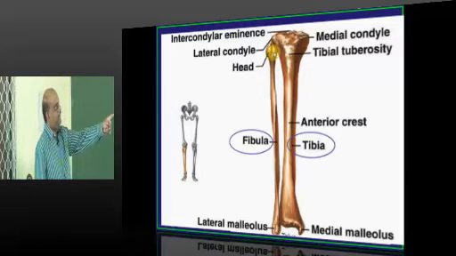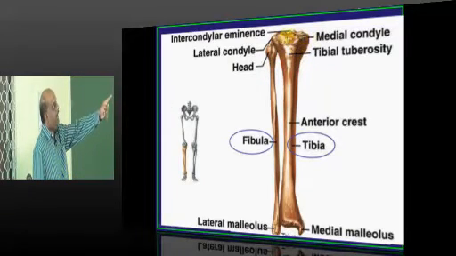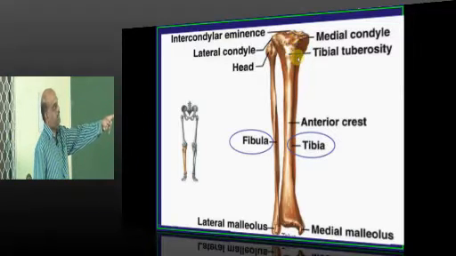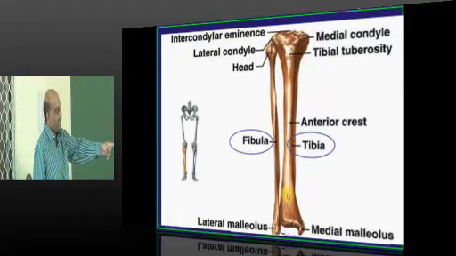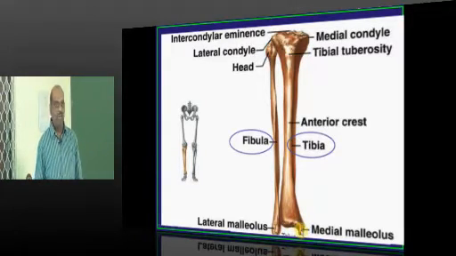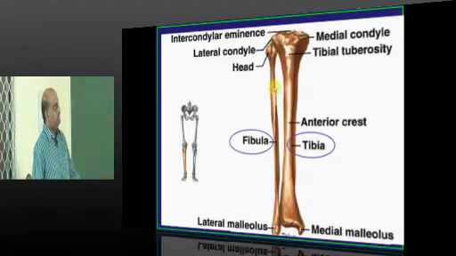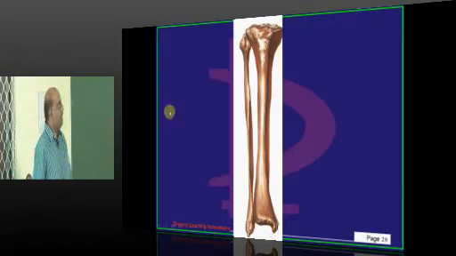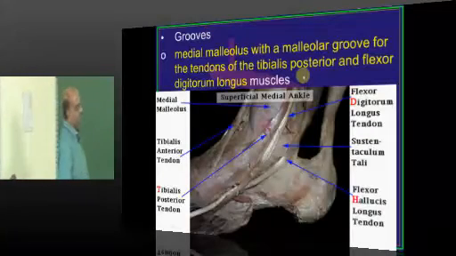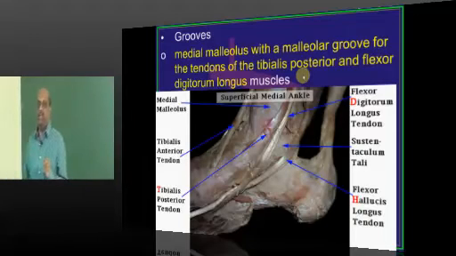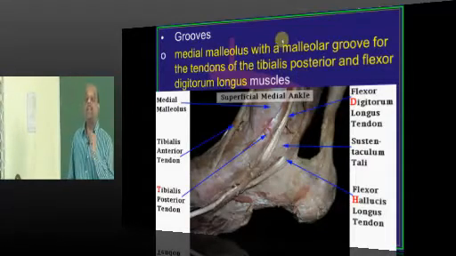So you can see there is one medial condyle, lateral condyle, intercondylar eminence, tibial tuberosity, and an anterior crest of the tibia, whose medial malleolus is typically hanging down. Then the fibula. The fibula has a head and contributes to the lateral malleolus. Now, doctor, a very important thing when we talk about the tibia is the grooves that the tibia has.